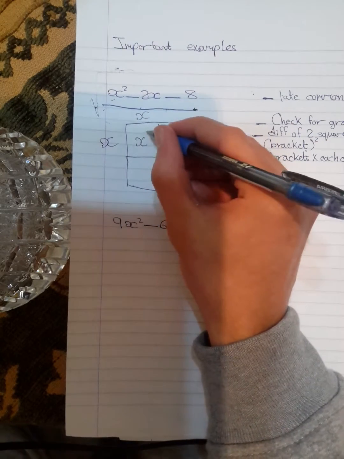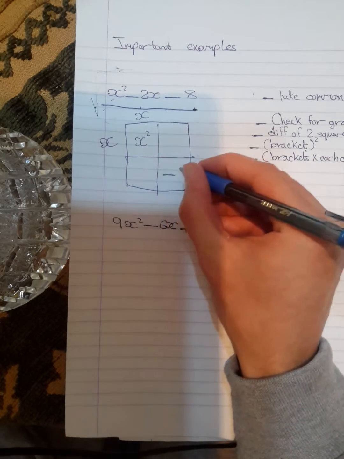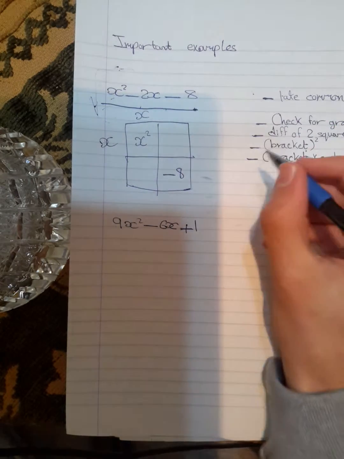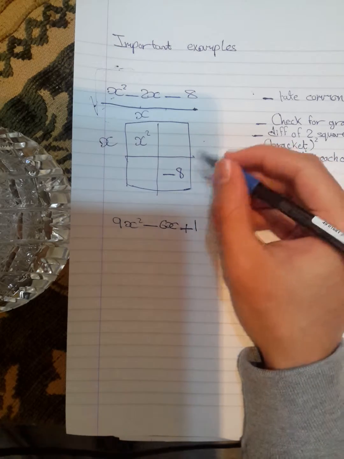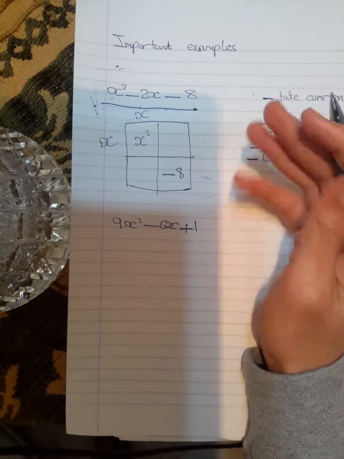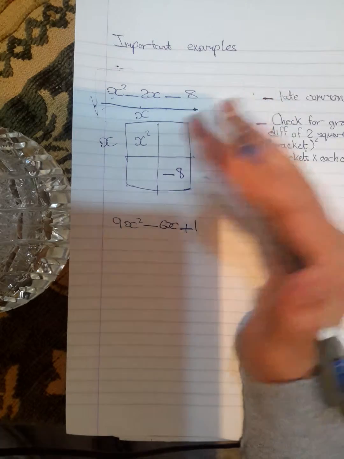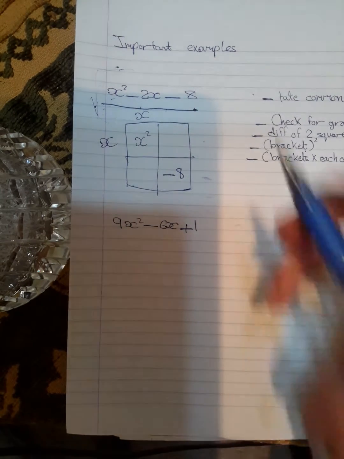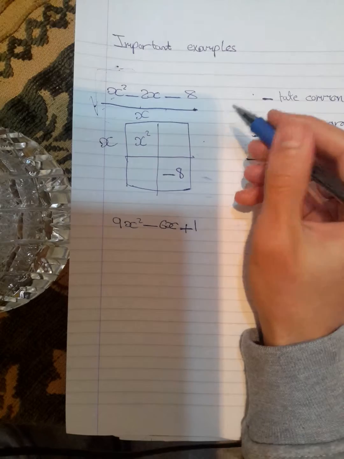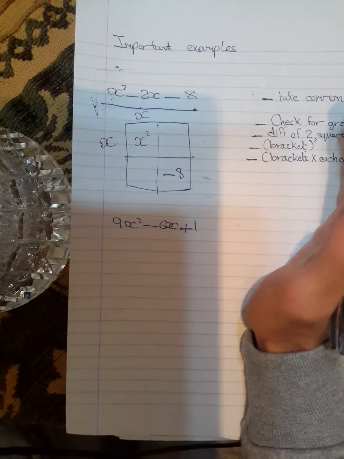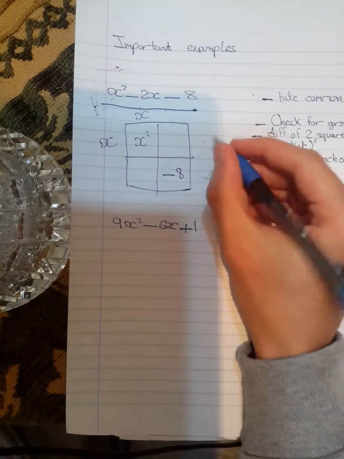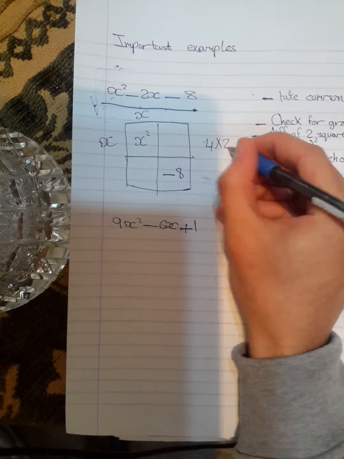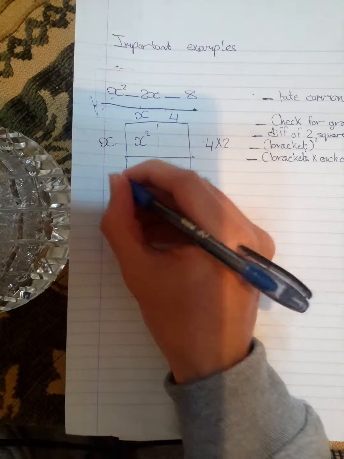I have x squared here and negative 8. So for negative 8, I have 8 times 1 and 2 times 4. So I will check again if I have 2 factors, if I added them or subtracted them, they will give me 2. That would be 4 times 2. So I have here 4 and 2.